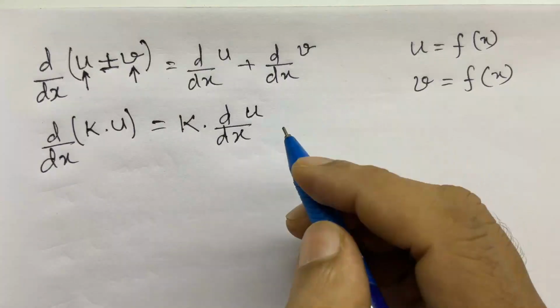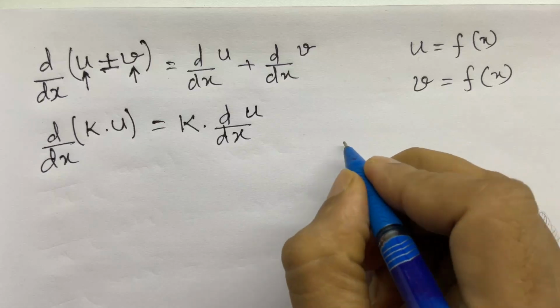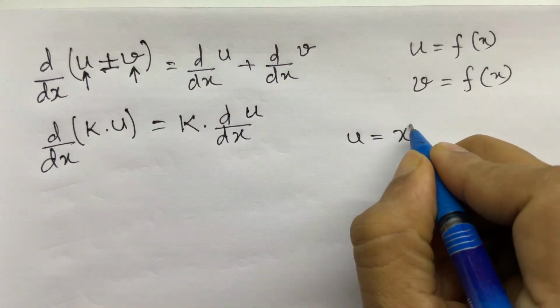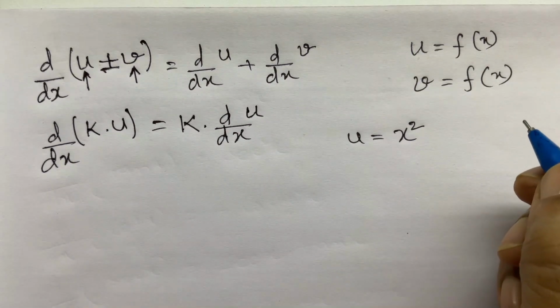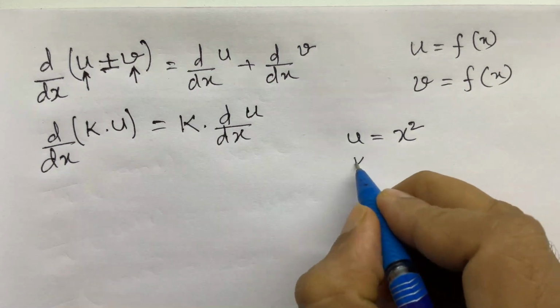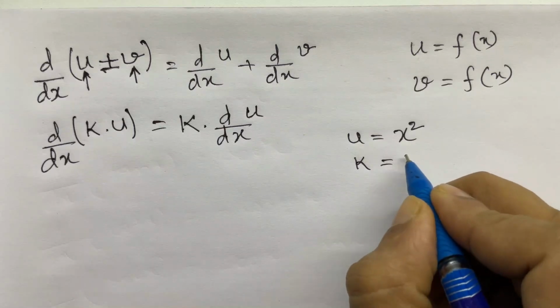Now let us take an example. See, u is x square and say here k is 5.